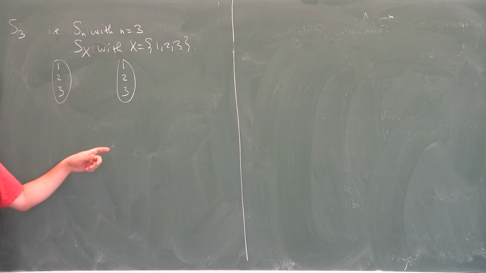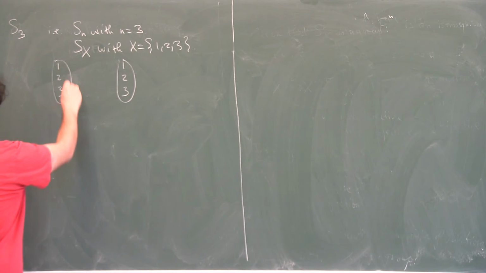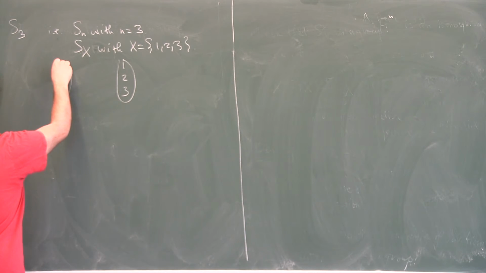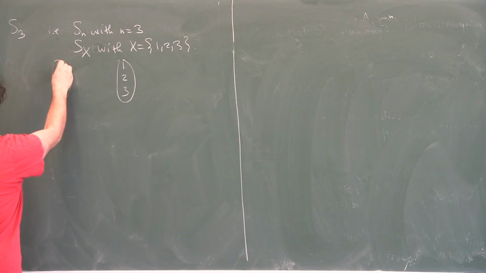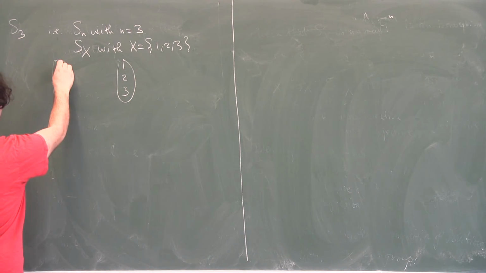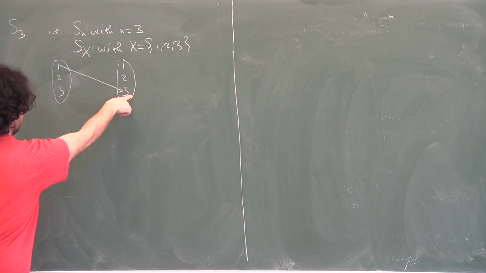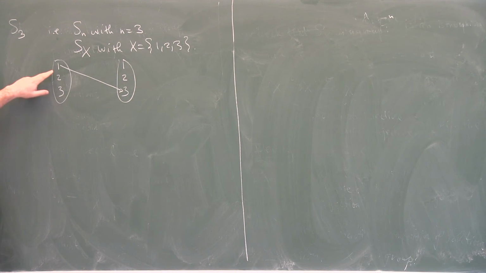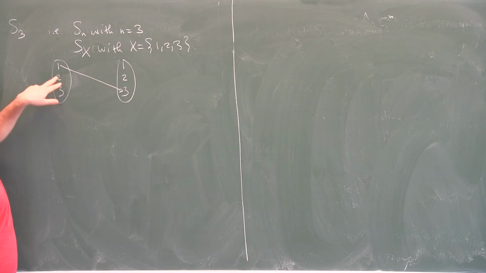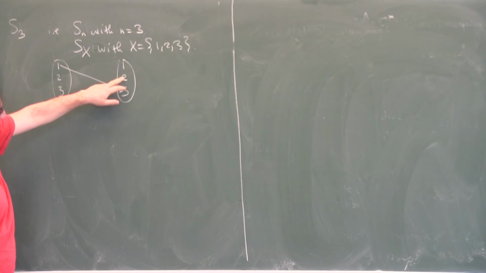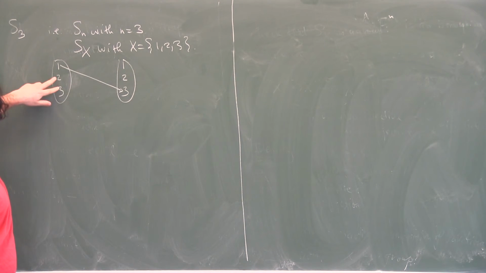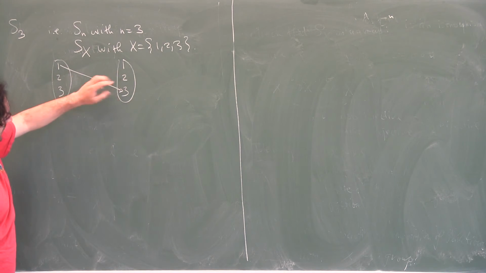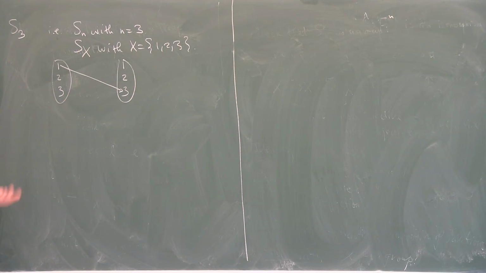Now we want to permute these. So for every number here, I have to draw one arrow going out and going to the other side. For it to be a bijection, it has to be injective, so no number here can be hit by two arrows, and surjective means every number here must be hit by an arrow.